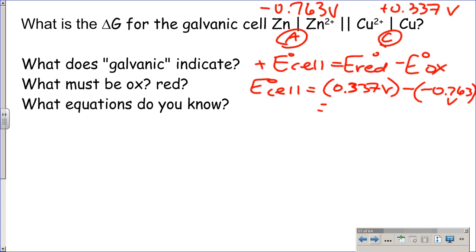So you get an E cell as a positive 1.10 volts. All right, so there's E cell. We got anode, cathode, who must be oxidized. We just figured that out. So we want to find delta G. What do you want to do next? Maybe what equation comes to mind?